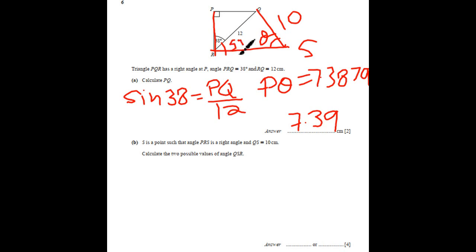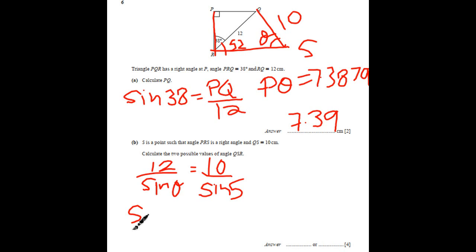Now we'll use this angle and apply the sine rule on it, which is 12 over sine theta is equals to 10 over sine 52. Make sine theta the subject.